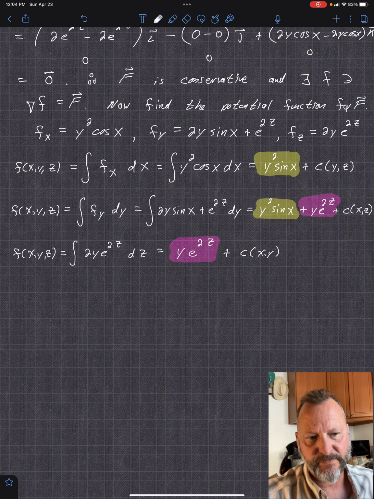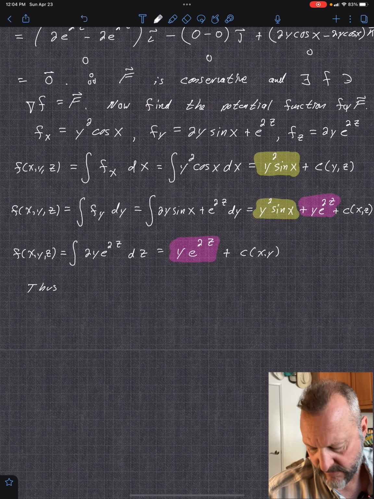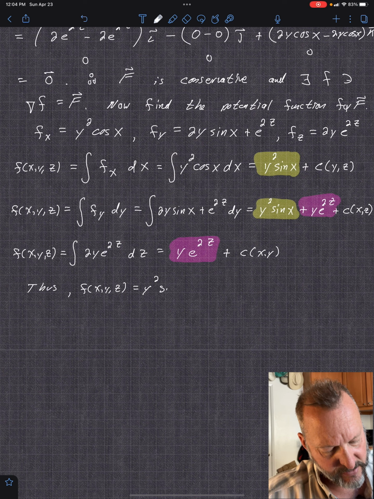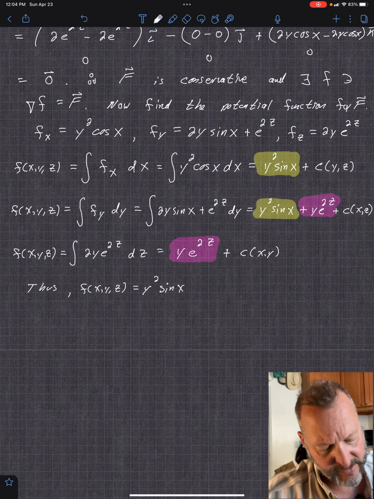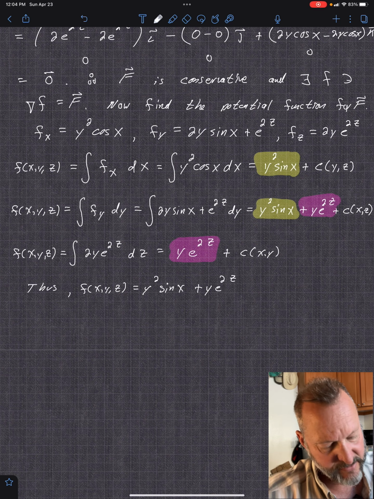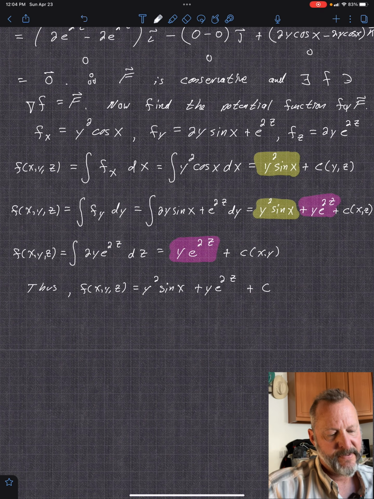That's all you really have to do in the end. So thus, f of x, y, z is equal to y squared sine x plus y e to the 2z. And you do say plus some arbitrary constant.